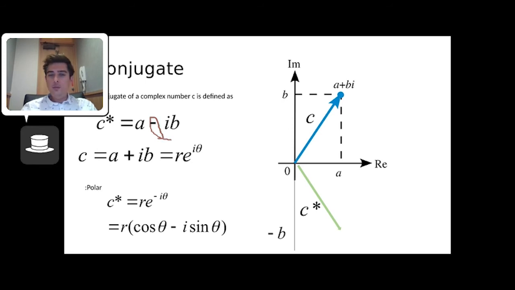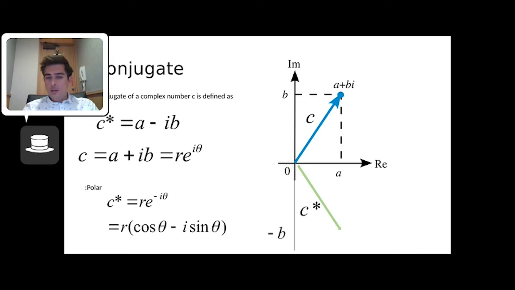If you see something star, then what this basically means is that the complex number has its imaginary part changed with an extra minus sign on it. So in the real-imaginary way of writing the complex number, it looks like this.